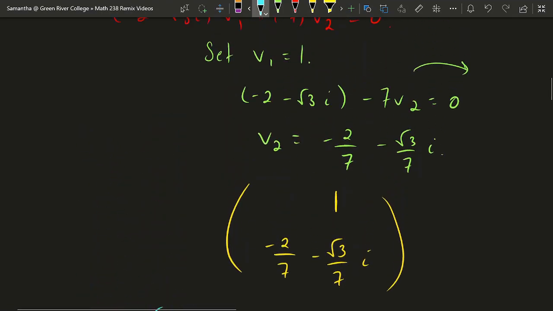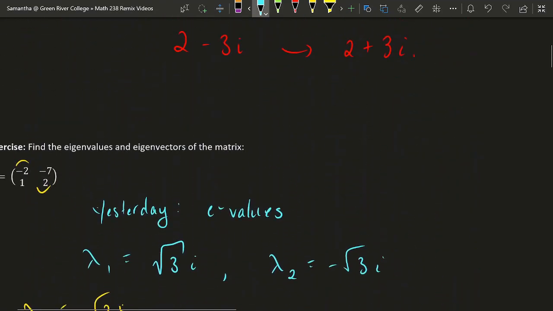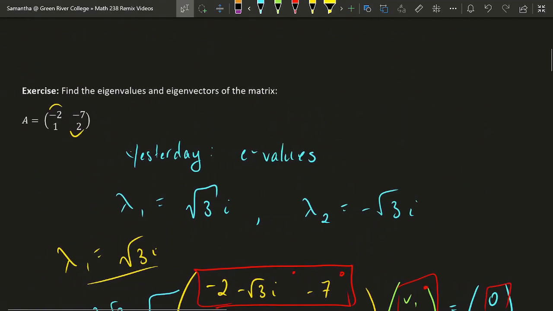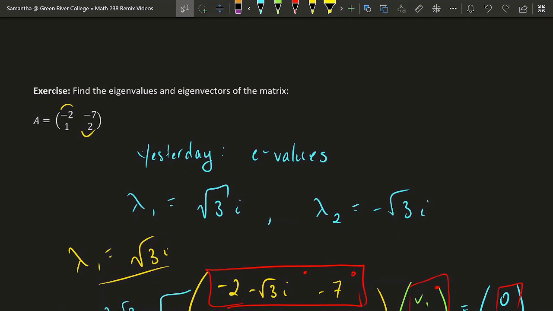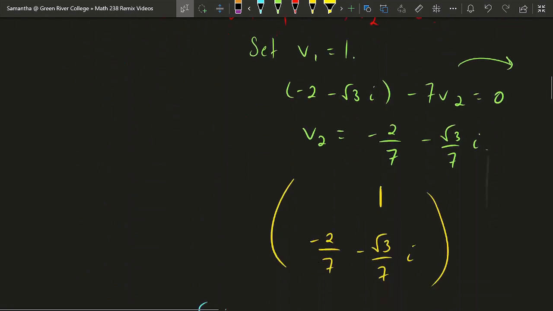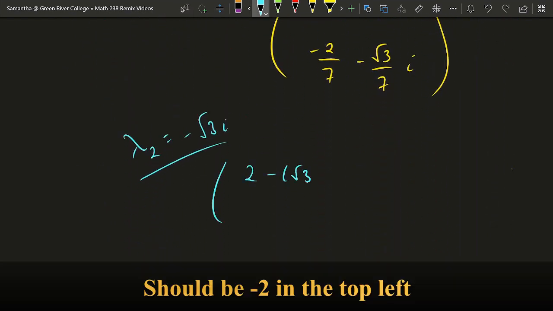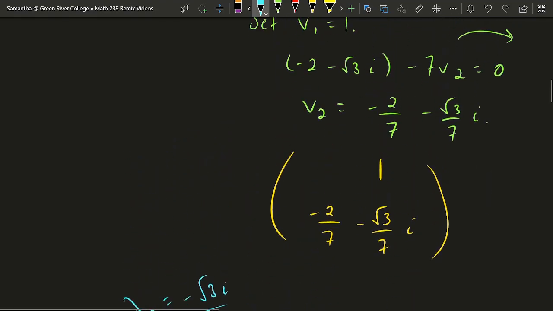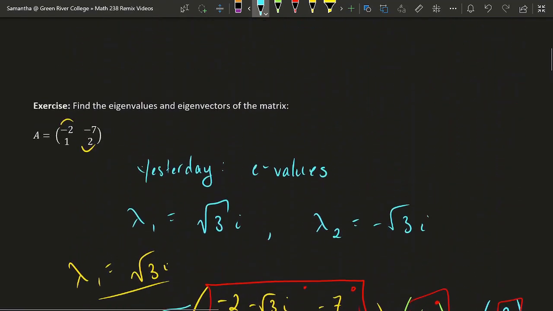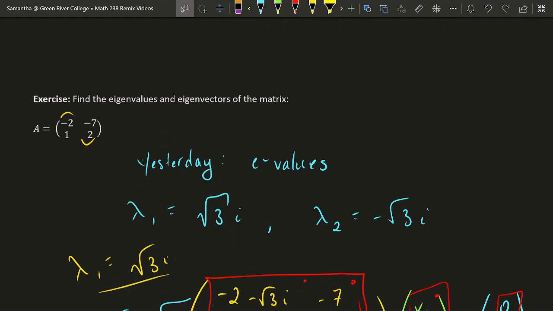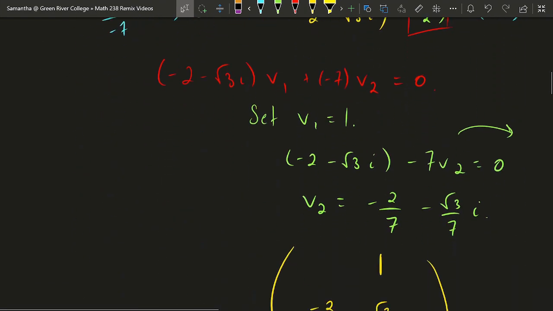If I consider negative root 3 times i, and I go into my matrix and subtract that eigenvalue from the diagonal, I get -2 minus negative root 3i. I get -7. I get 1. And then in the bottom right corner, I get 2 minus negative root 3i.